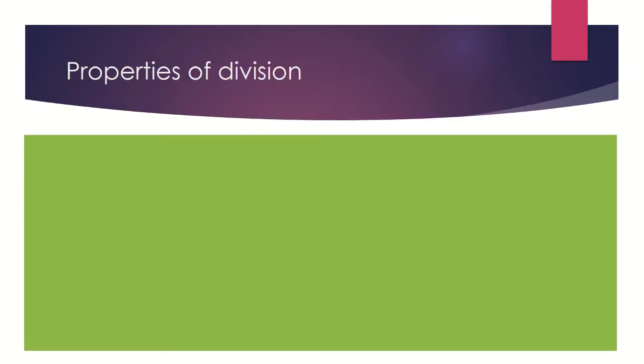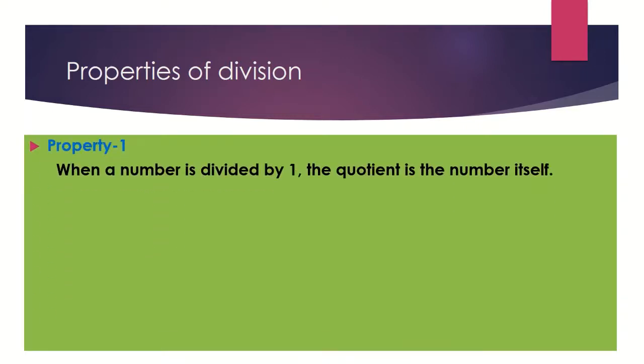Let's learn some properties of division. Property 1. When a number is divided by 1, the quotient is the number itself. For example, 5 divided by 1 is equal to 5 and 10 divided by 1 is equal to 10.